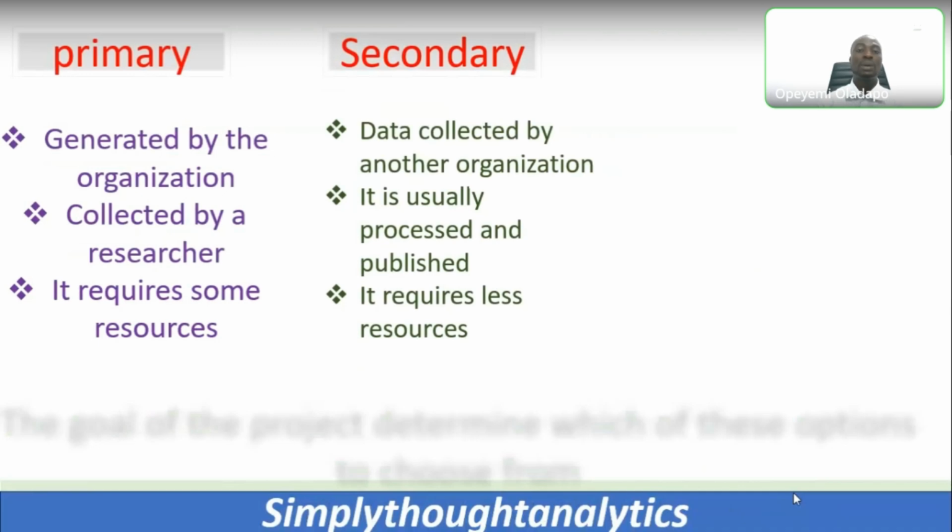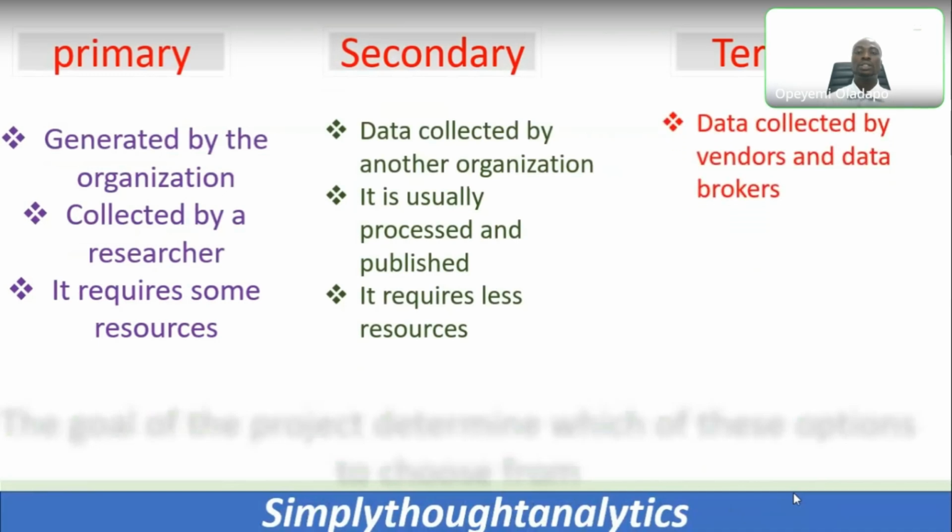A good example of this is data that are collected by big institutions like WHO, UNESCO, and co. These data are available in their databases, which researchers, organizations, and government agencies can access with permission.